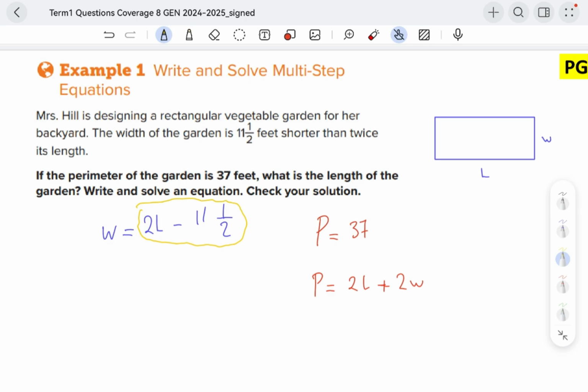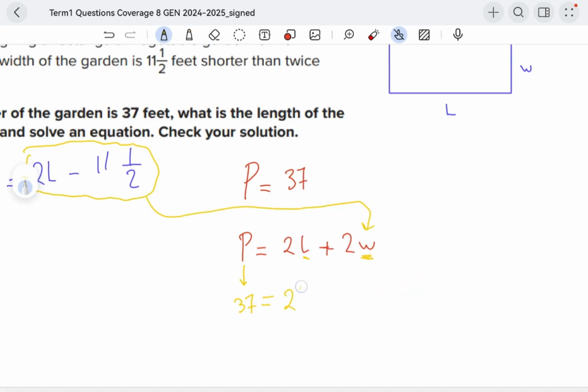So we're gonna substitute this instead of W. We're gonna remove the W and we're gonna substitute its value. The perimeter is given for us, which is 37. We can substitute its value equals 2L plus 2 times the value for W, twice the length minus 11.5.